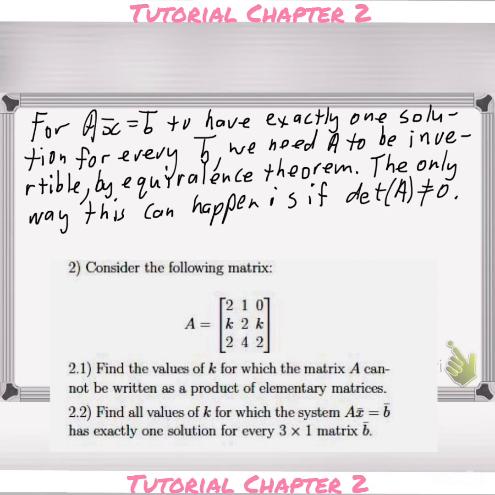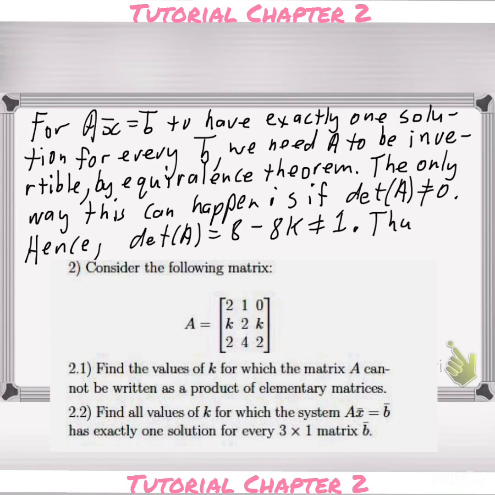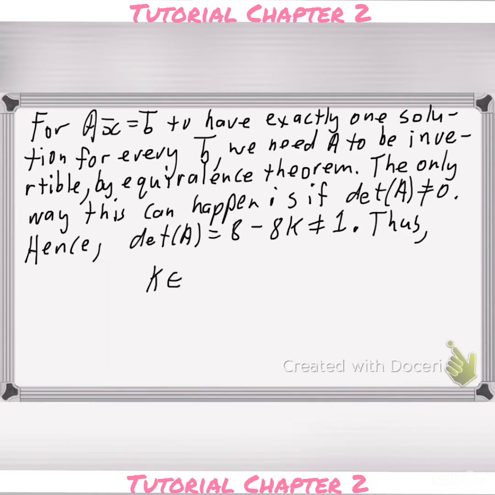So hence the determinant of A, which we calculated as 8 minus 8k, is not allowed to be 0. Thus, the value of k needs to be in the set of real numbers without 1.